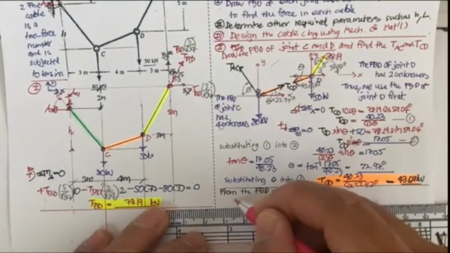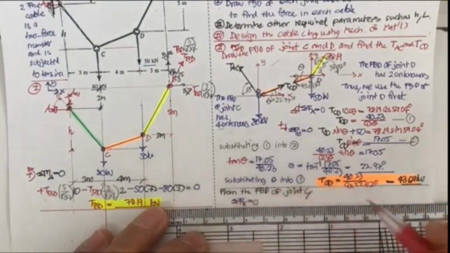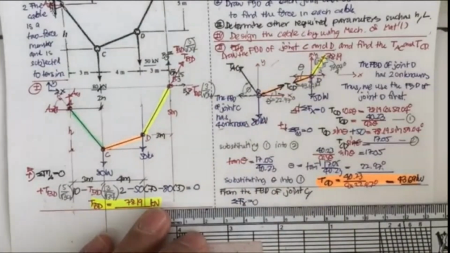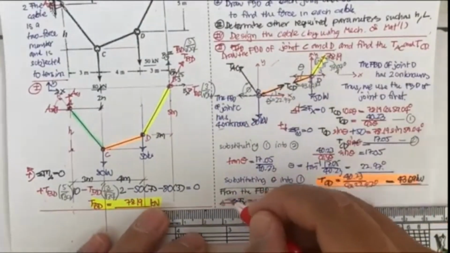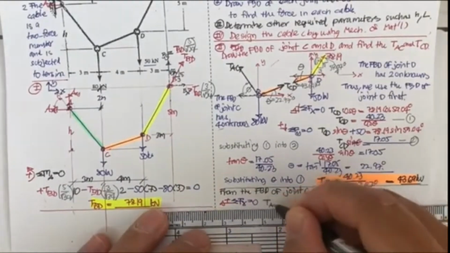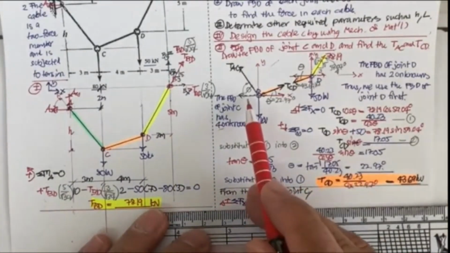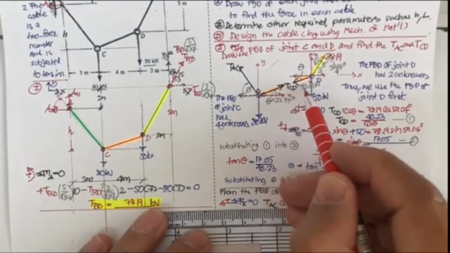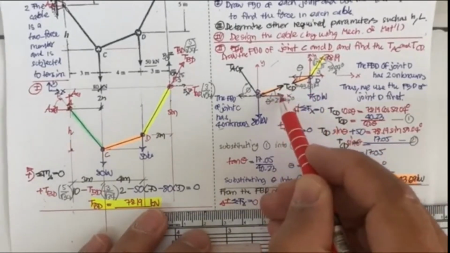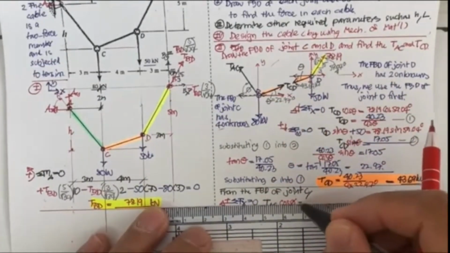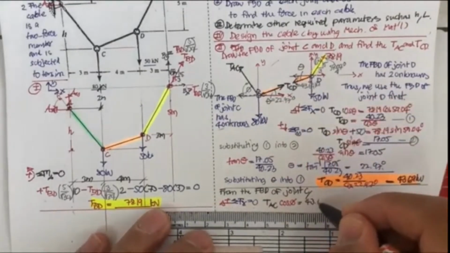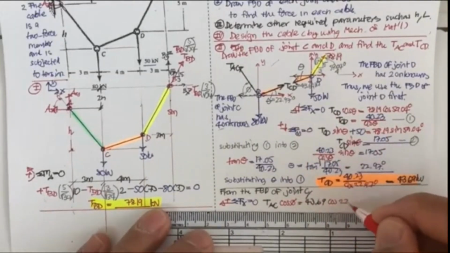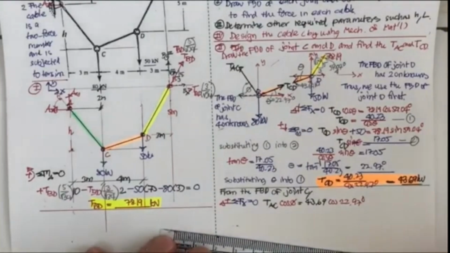You just do the summation of F sub x equal to 0 again. This time when you project in the x, it's going to be in this direction, and you put this one as the positive, and you will get T sub AC cosine phi. And again, if you project T sub CD 43.69 into the x, it's going to be in the opposite direction, so it's equal to 43.69 cosine of 22.97 degrees.